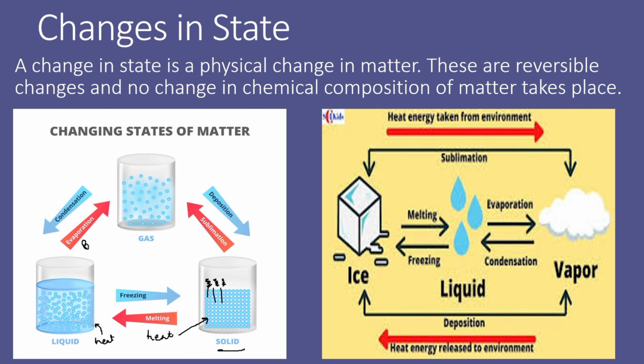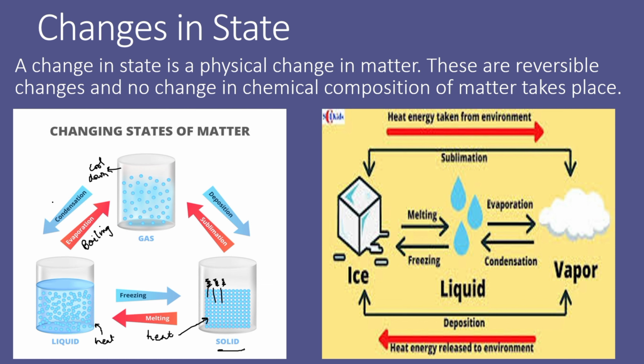So evaporation and boiling can happen if you keep on heating the system. The reverse is condensation. That means when the gas cools down, the particles lose their kinetic energy, they slow down, they come close to each other, and the gas condenses back into liquid.